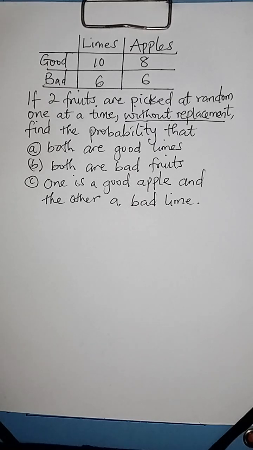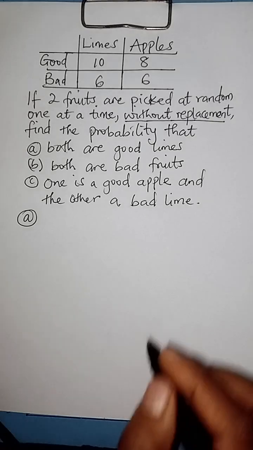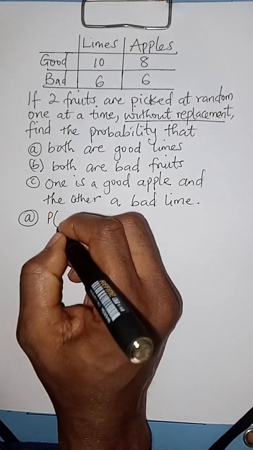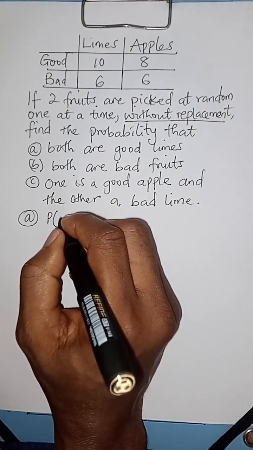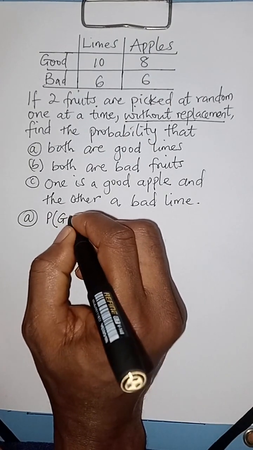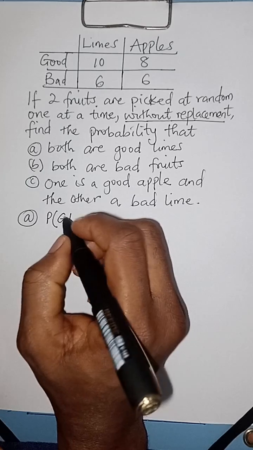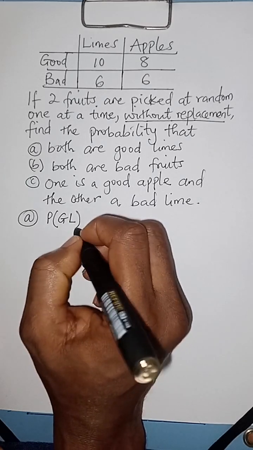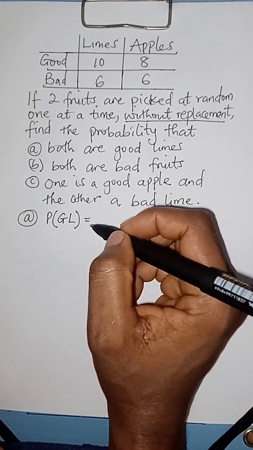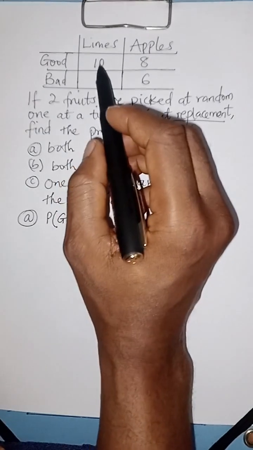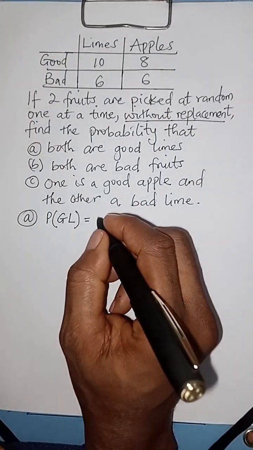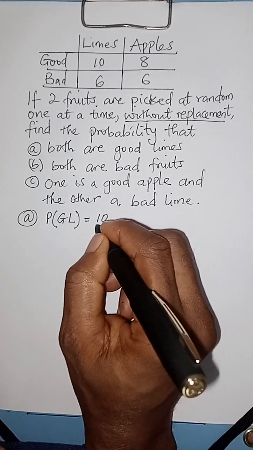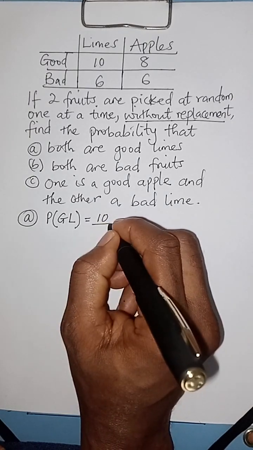So what do we do in this question? Now I'm going to go straight into the question without giving unnecessary details. The probability that both are good limes. If I do the first picking, there are 10 good limes. It's going to be 10 required outcomes divided by possible outcomes.